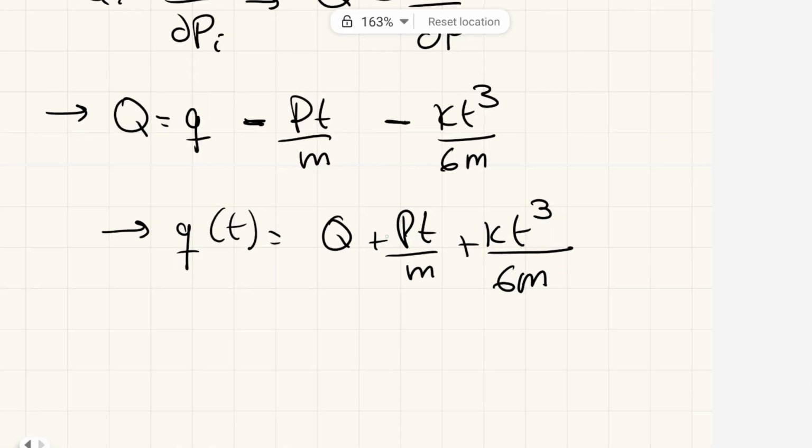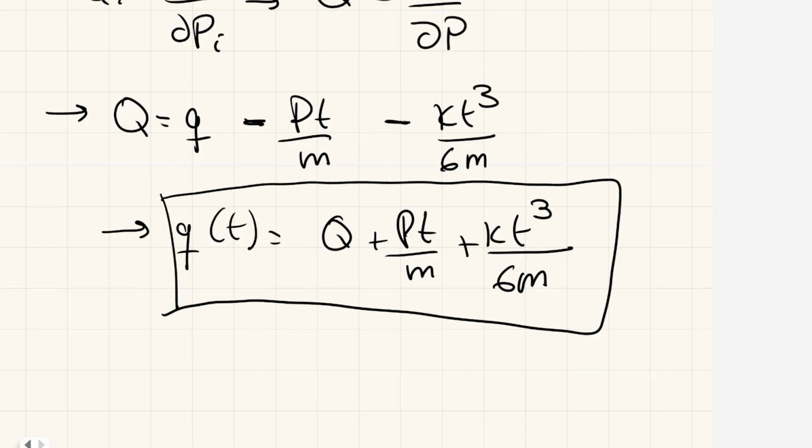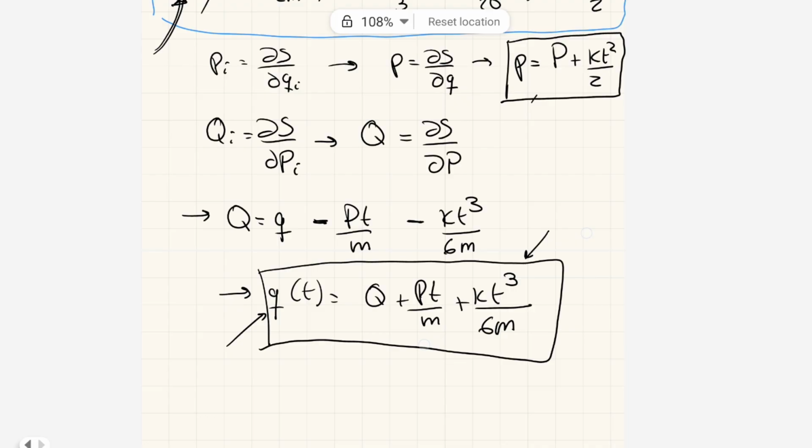Remember that Q and P are constants, so this is telling us the solution to the equation of motion of the system, because it is the coordinate q in terms of the time. So that is the full solution of the problem.